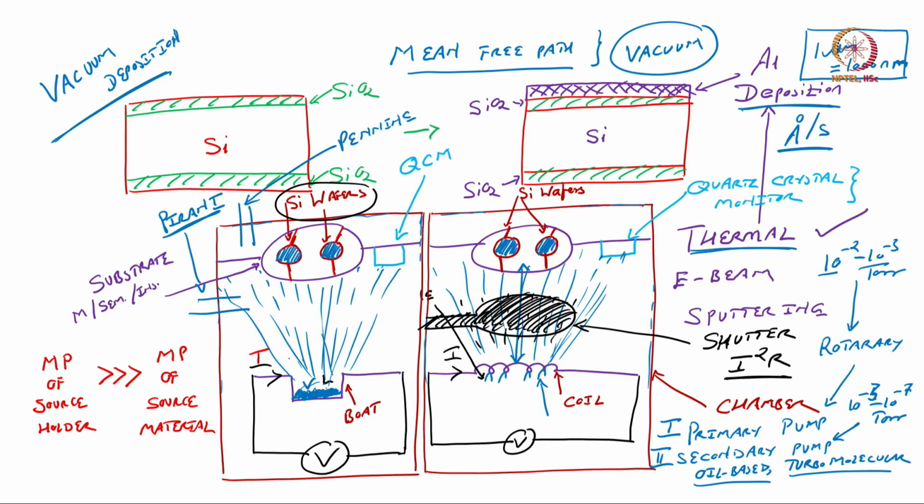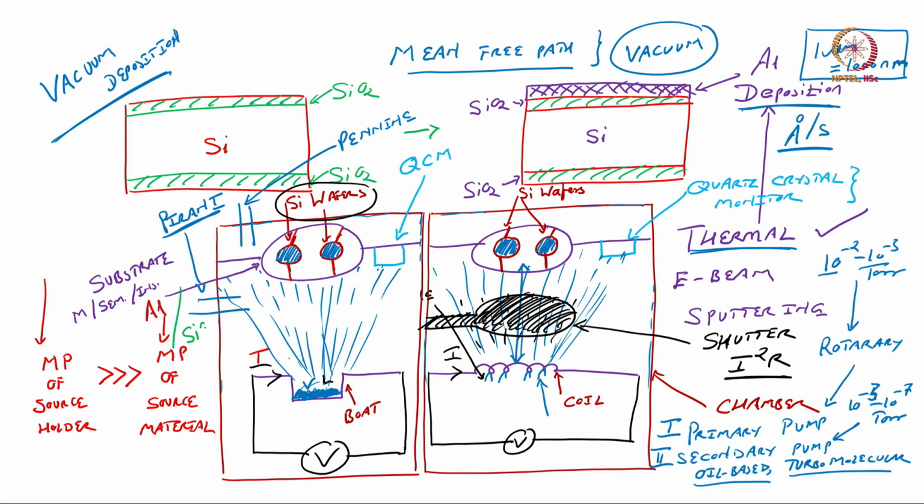When this particular case is not satisfied, that means the metal that we are using here, let us say here we are depositing aluminum, then it is fine because the melting point of aluminum is really low. But let us say instead of aluminum I use silicon dioxide.